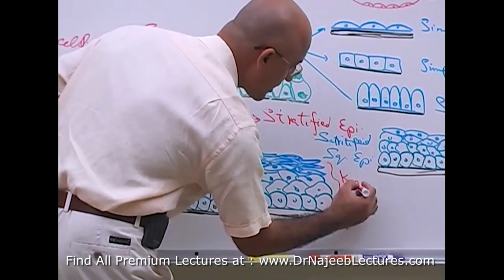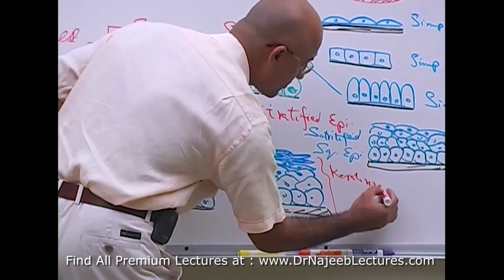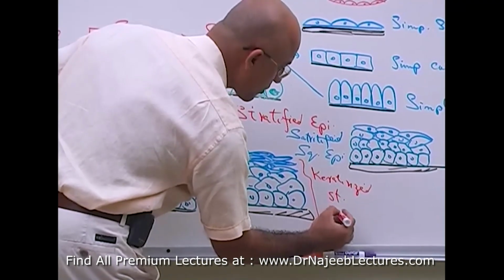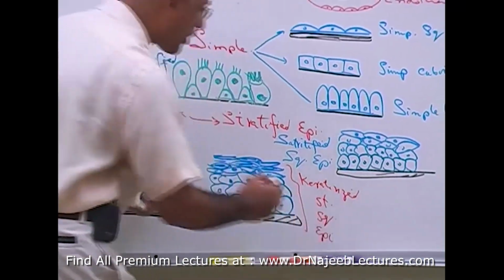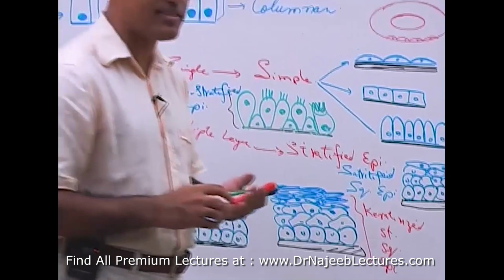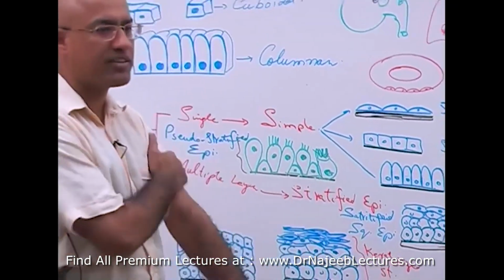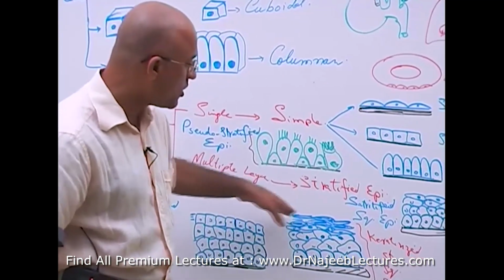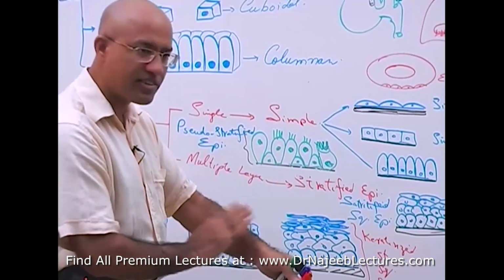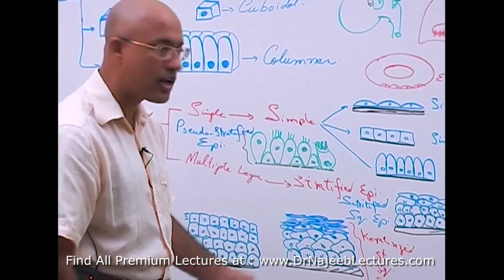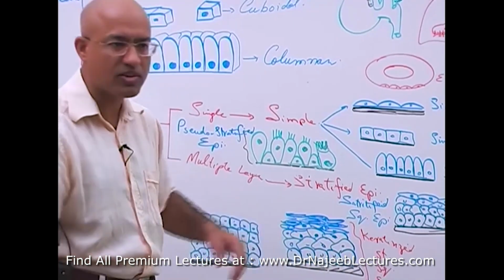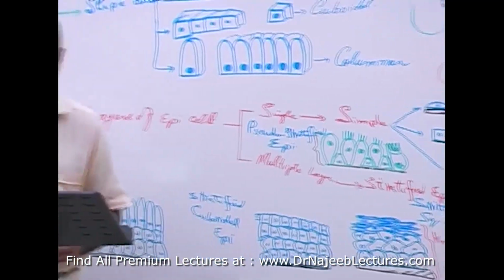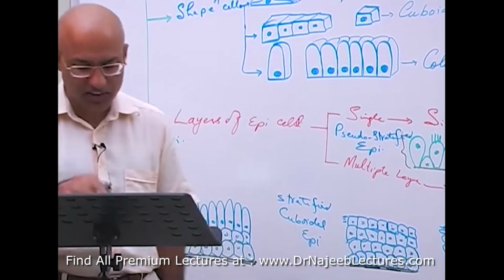Keratinized stratified squamous epithelium. Now classically this keratinized stratified squamous epithelium is present on your skin, right? This keratinization helps you to resist injury, abrasions or mechanical pressure on the skin, right? So there is stratified squamous epithelium which is keratinized.